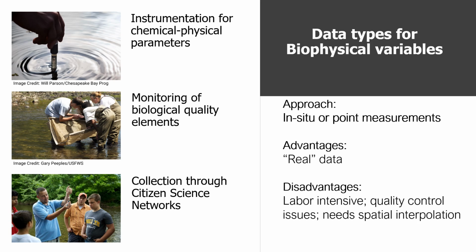This is considered largely the gold standard of data as it is real for the point being measured, such as the water quality measured at a point in a lake through instrumentation, or monitoring biological quality elements, which consist of abundance and diversity measures of fish, fauna, phytoplanktons, benthic invertebrates, etc. However, it is labor intensive by nature, involving installation, maintenance, and retrieval from remote locations.